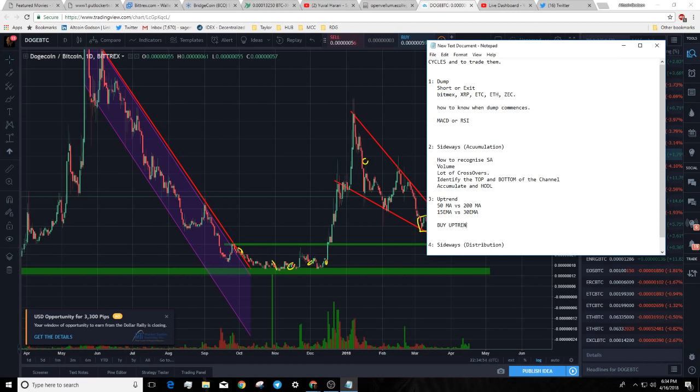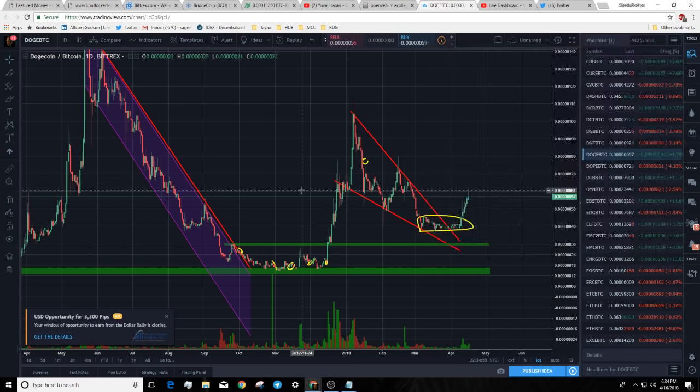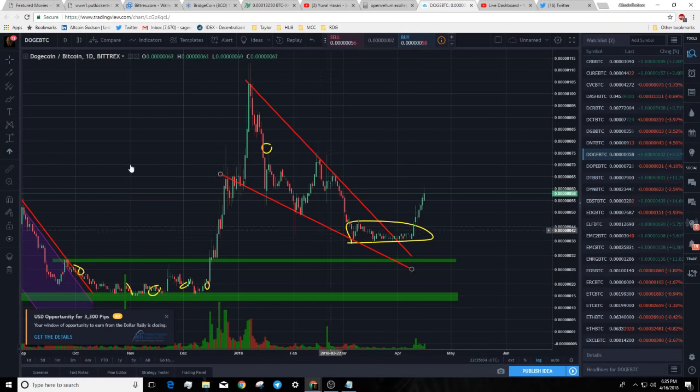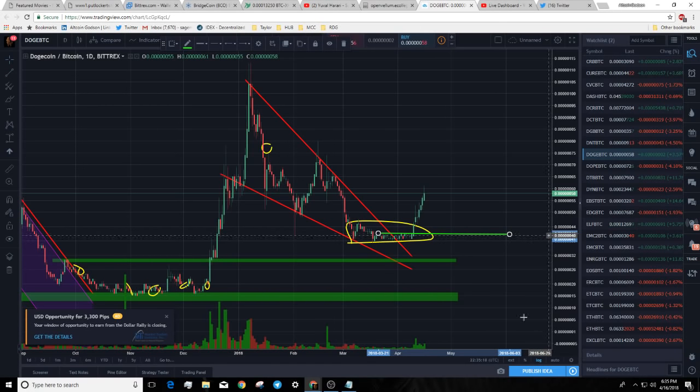You would put an alarm somewhere. So when you spot this sideways movement in Doge, for example, and you don't want to buy the accumulation, you just want to buy the uptrend and hold it, you spot the top of that channel there at 41 satoshis, and you put an alert right there.